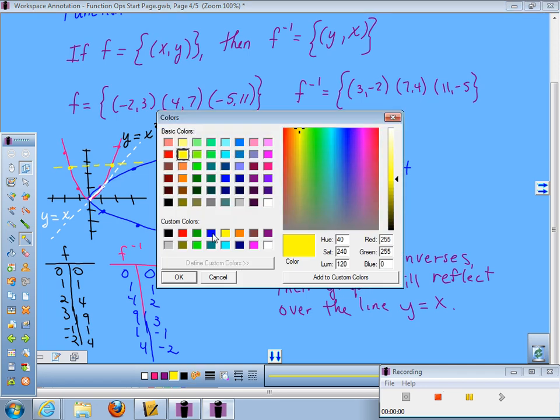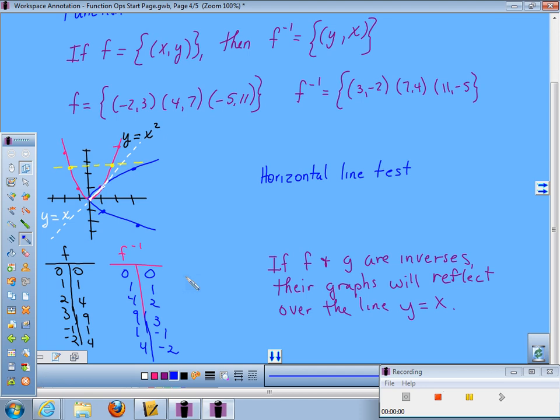So the horizontal line test actually means if f, the original function, passes the horizontal line test, then the inverse will be a function.